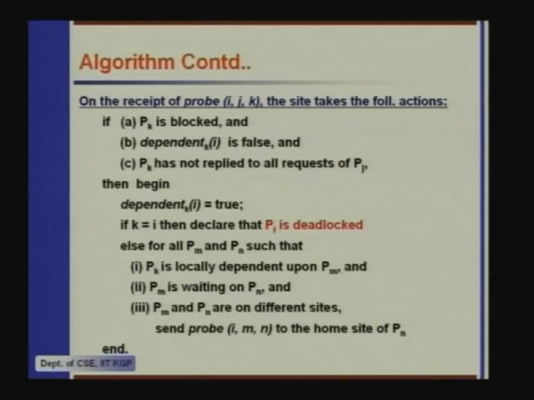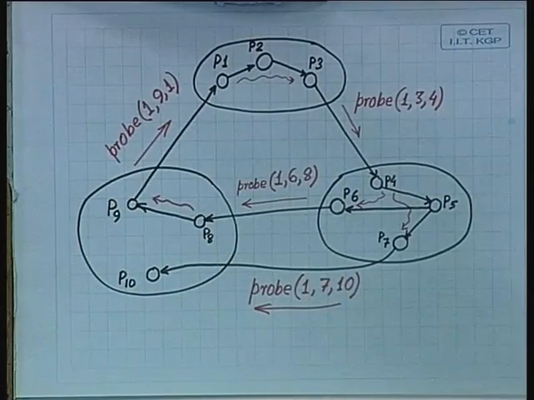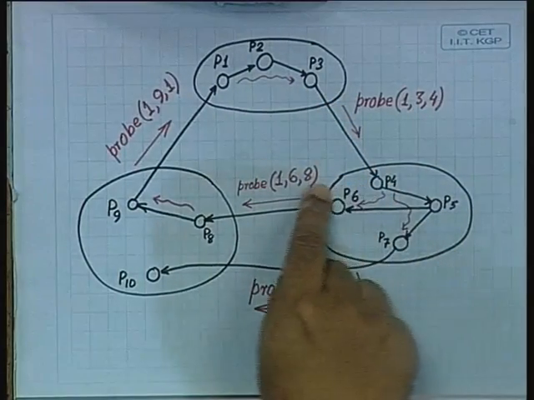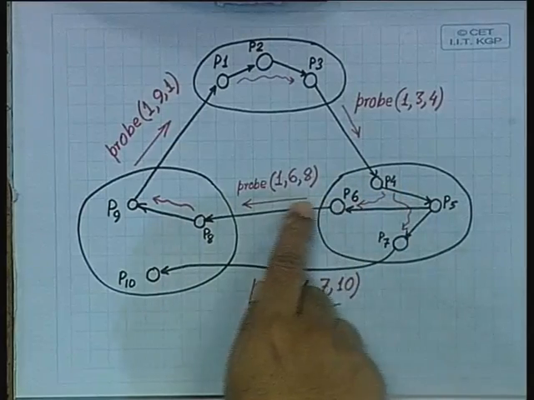So, what we have to understand is that you cannot get this cycle in an intermittent form, right. The thing is that because your probes are moving in one direction, you are only moving along the dependencies.